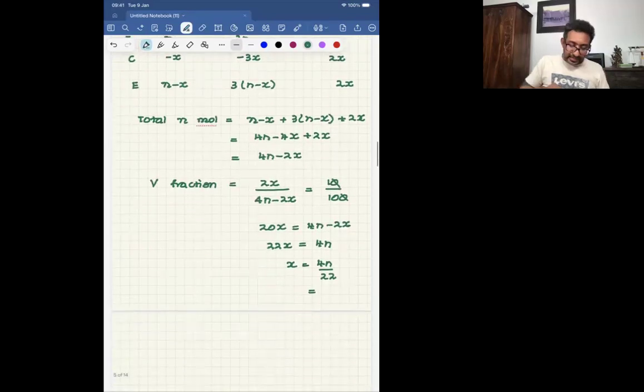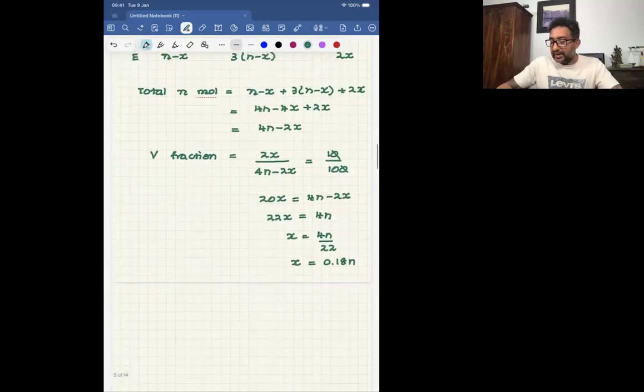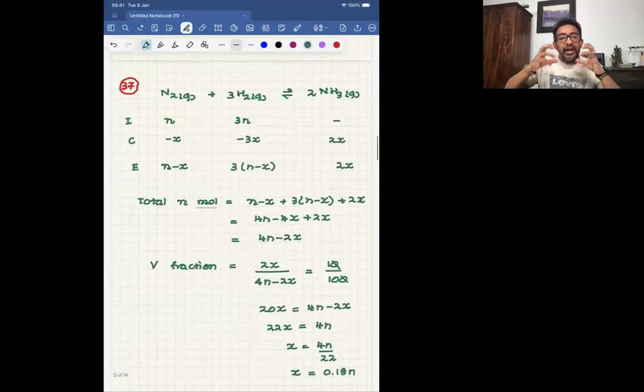So that is the amount that has reacted. 4 divided by 22 is equal to 0.18. And it's a recurring value because you are dividing 2 by 11. So when you want to get 10%, this is the value you should get. Did you understand that? Everybody, you got it?